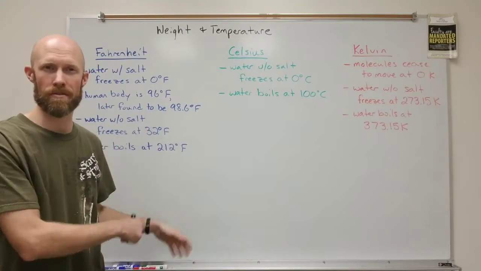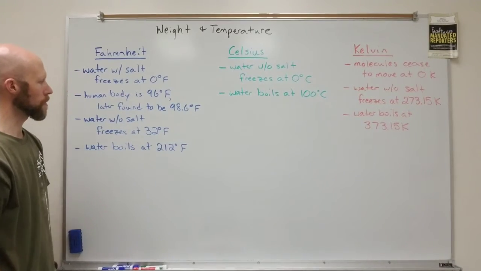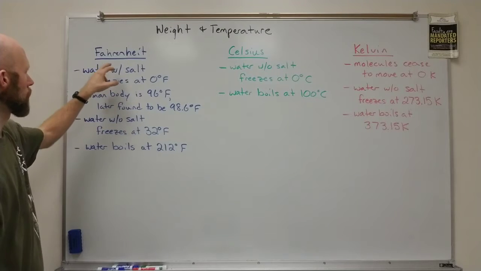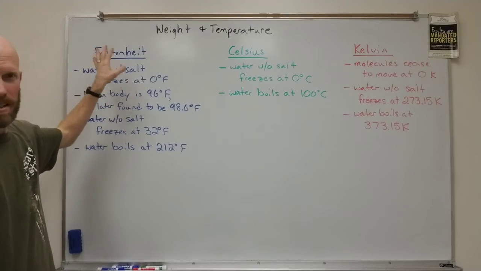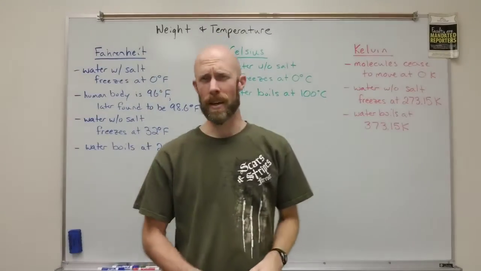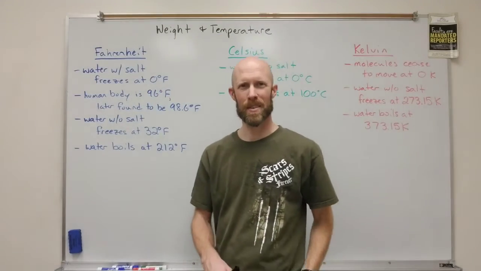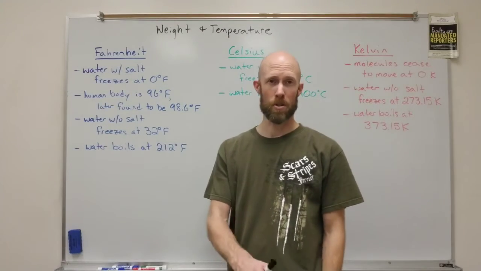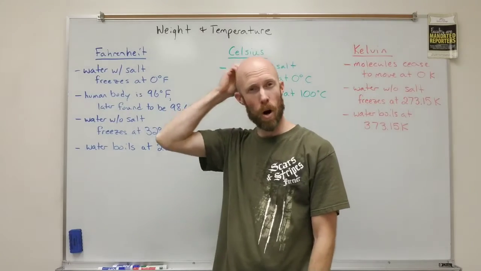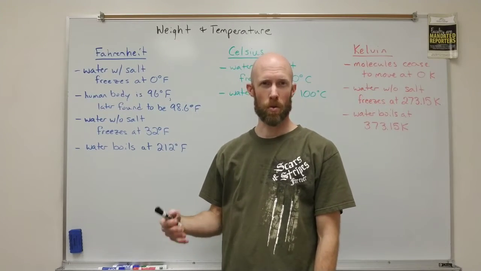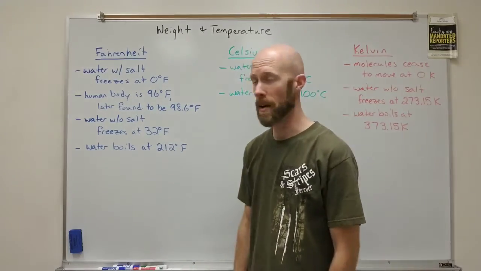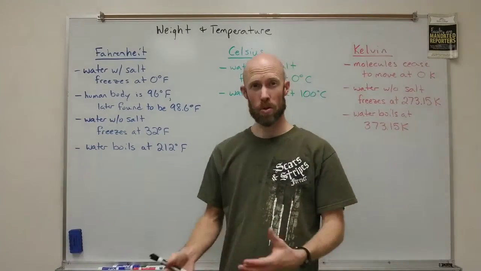So let's focus in on Fahrenheit for a moment. This was probably the first one, I believe, that was created, and the guy who created this had the last name Fahrenheit. I'm going by the historical information in the book, so you can read up on this a little bit if you want, but he basically thought that water with salt was one of the coldest things. Getting that to freeze was as cold as you could get.